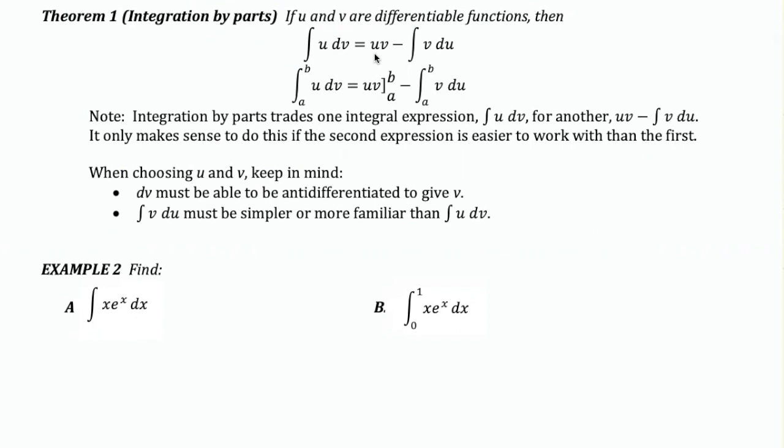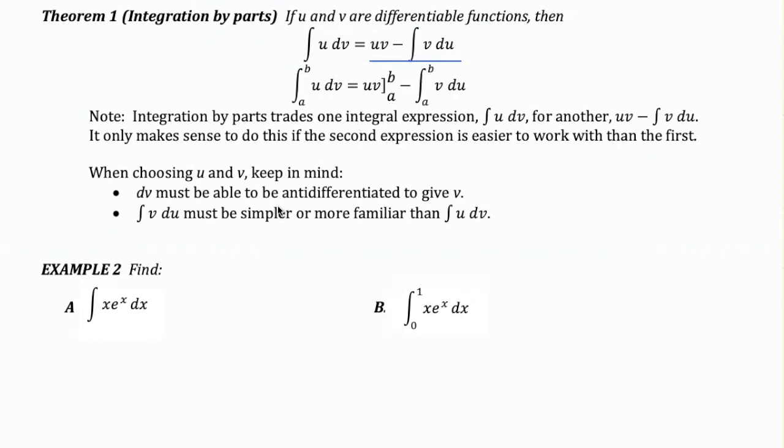But in order to be equivalent, you have to also do all of these steps in this expression. And the second statement here is just the exact same rule, but how it would be written for definite integrals. So it only makes sense to try and do this if you end up in a better place after you apply this rule.